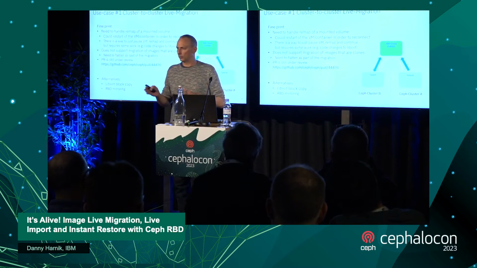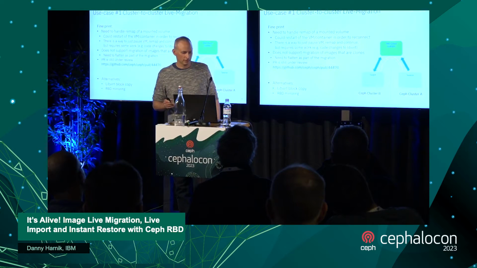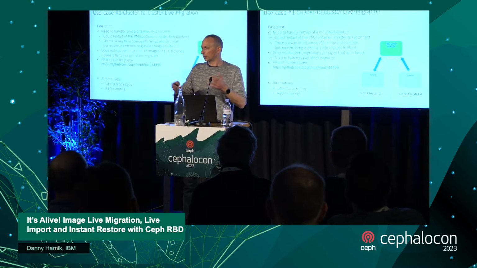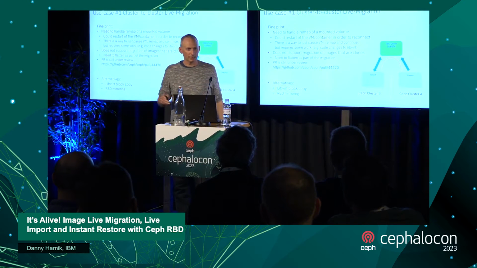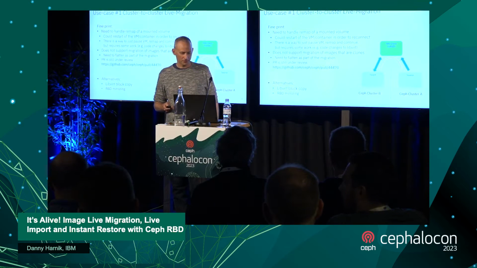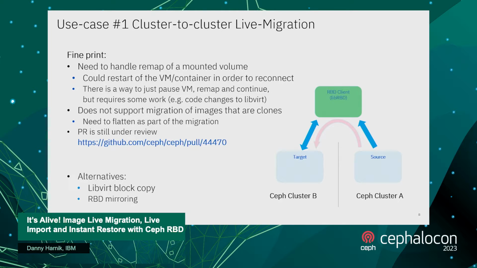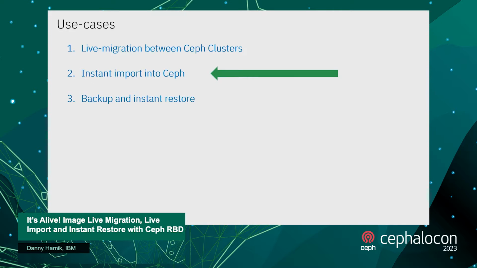There are pros and cons for all of these. I'm not going to go into them in this talk. By the way, we can do this interactive, so if anybody has any questions, feel free to jump in. Okay. So this is our first use case, the cluster-to-cluster live migration.